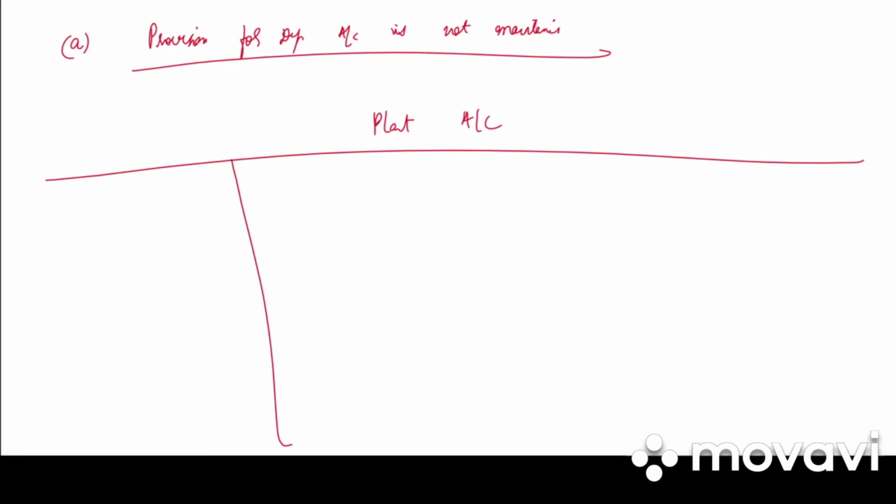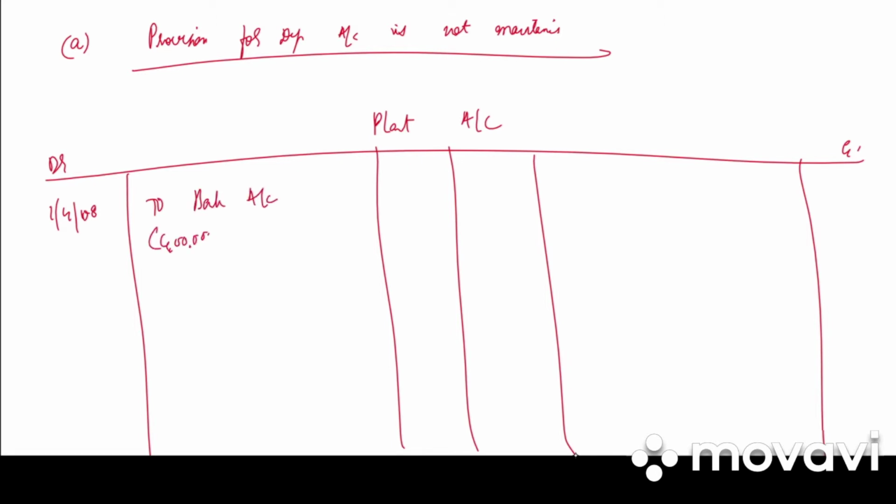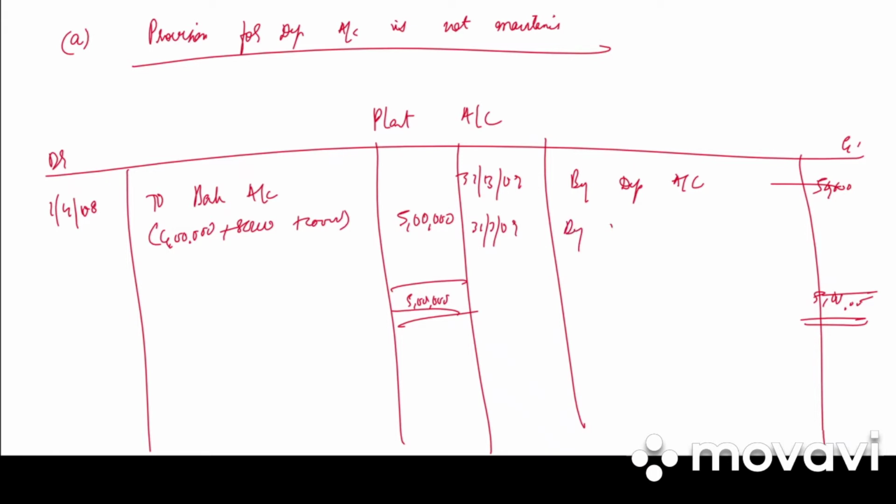The same format, date, particulars, amount, date, particulars and amount, debit side, credit side. 1st April 2008 to bank account, 4 lakh plus 80,000 plus 20,000, it is 5 lakh. 31st March 2009 by depreciation account, 5 lakh into 10%, that is 50,000. So total is 5 lakh, 5 lakh. 31st March 2009 by balance carried down, 4 lakh 50,000.